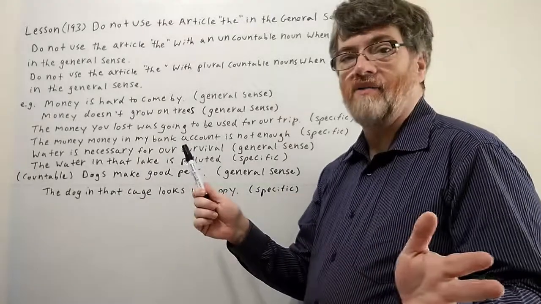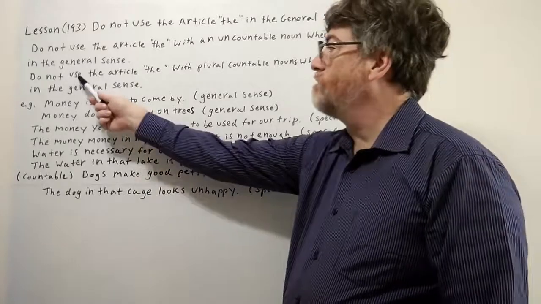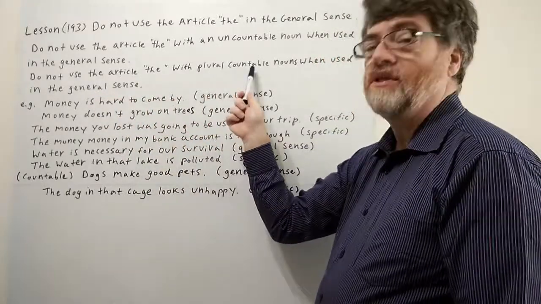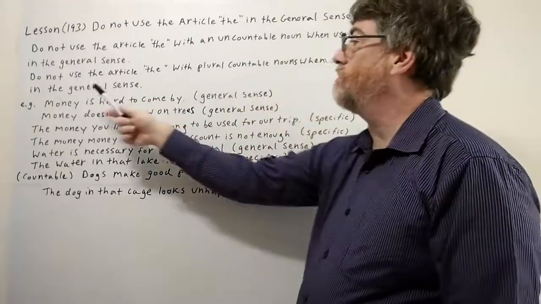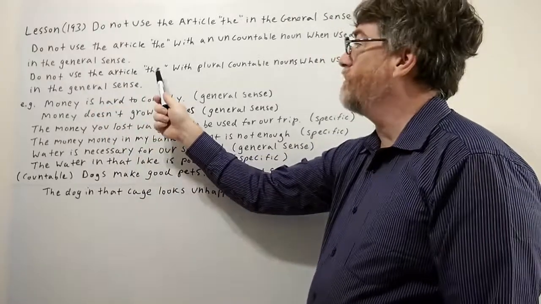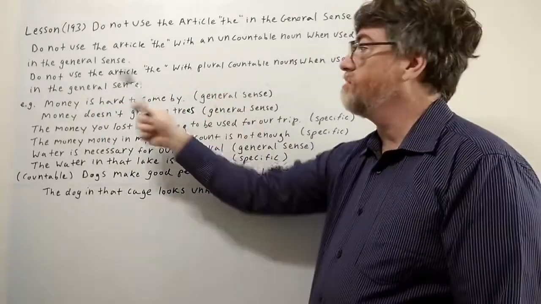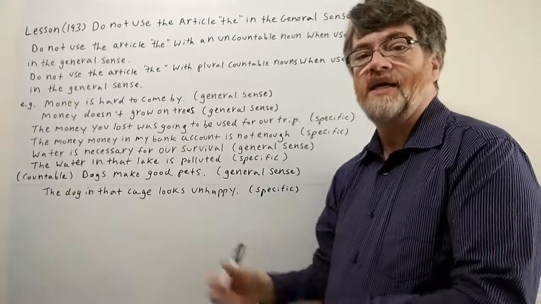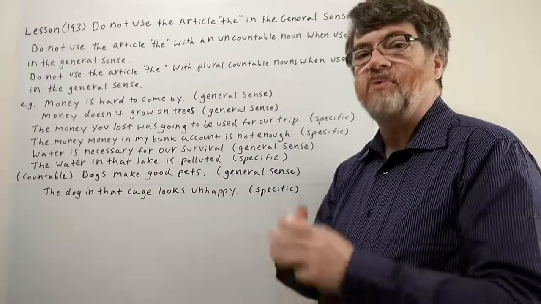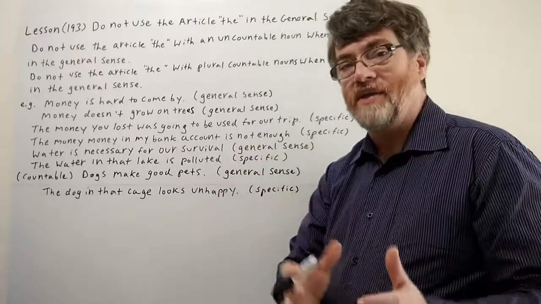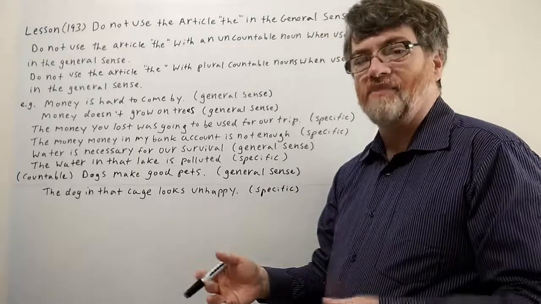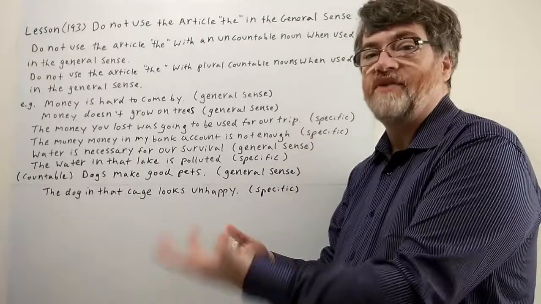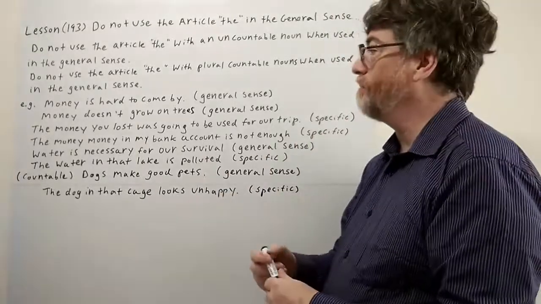The second rule: do not use the article the with countable nouns in the plural in the general sense. If it's in the singular, by definition, it becomes more specific again because you're talking about a particular one.